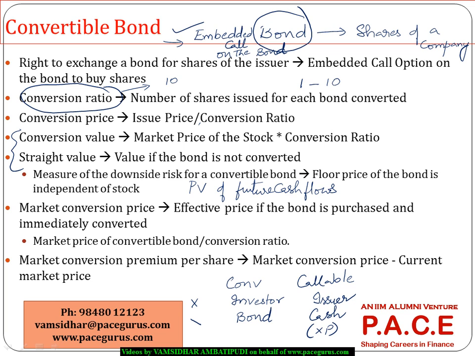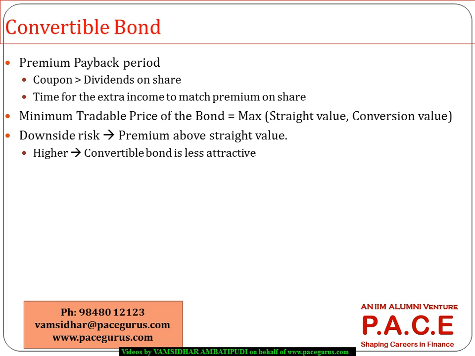We call that the straight value of the bond. Based on that, we try to find the minimum value of a convertible bond. It should be the maximum of either the straight value or the conversion value. That should be the minimum tradable price for a convertible bond.